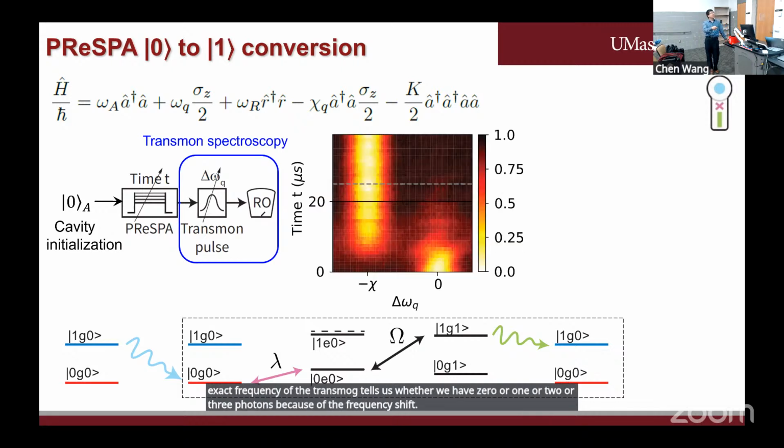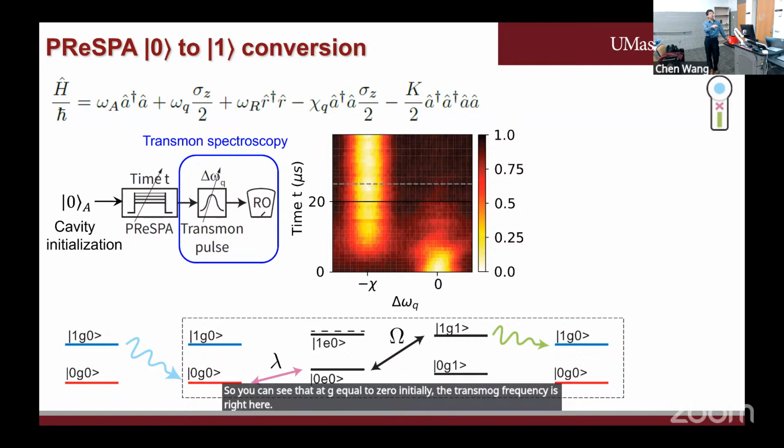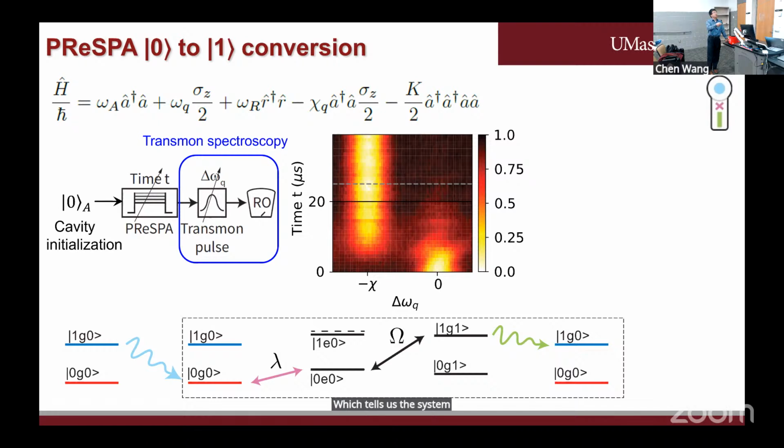So you can see that at t equal to 0 initially, the transmon frequency is right here, which is the 0, the original frequency. But over time, it jumps to a frequency that's 1 chi shift to the left, which tells us the system has jumped from 0 photon to 1 photon dissipatively without oscillation.